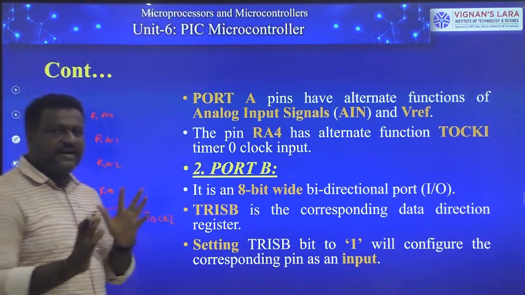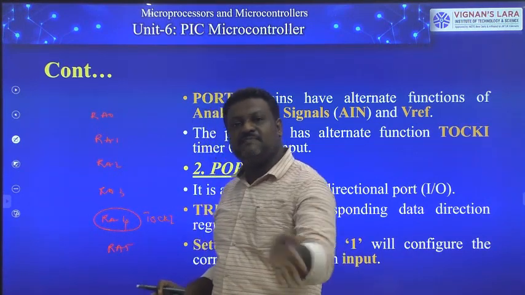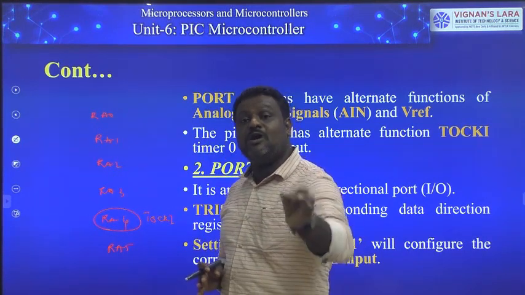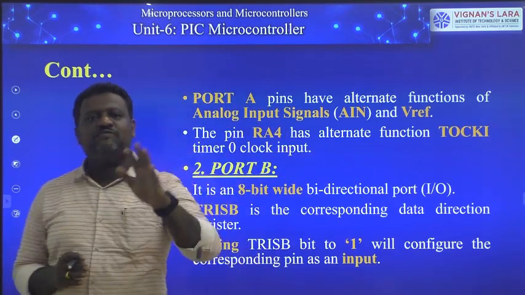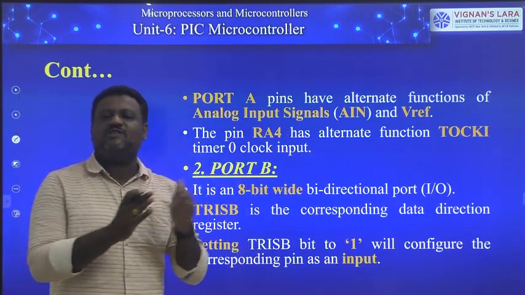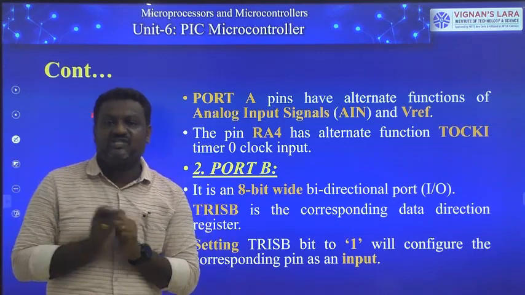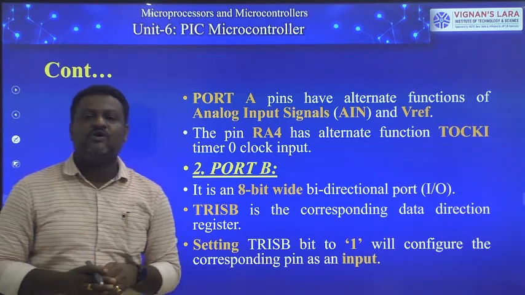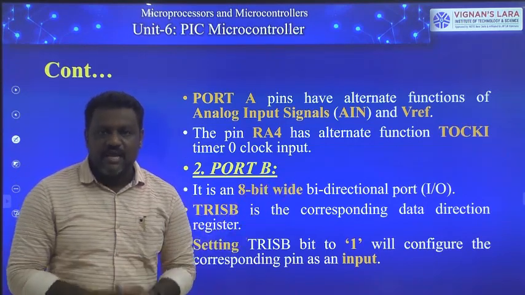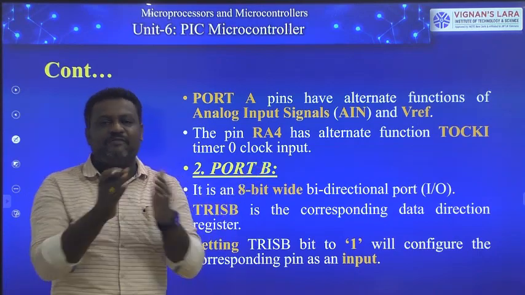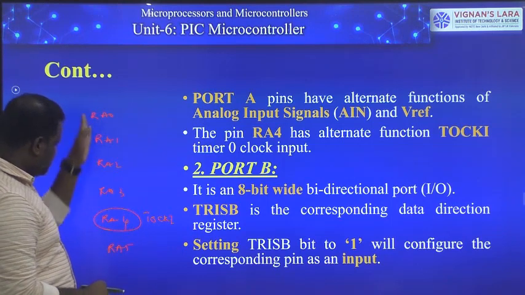And coming to the remaining 5 signals, they also have an alternate function: these may act as analog-to-digital converter input signals. What ADC do we have in the PIC 16F877? An 8-channel 10-bit ADC. That means the ADC can collect 8 analog inputs from 8 different places. For that purpose, it uses the port A signals.